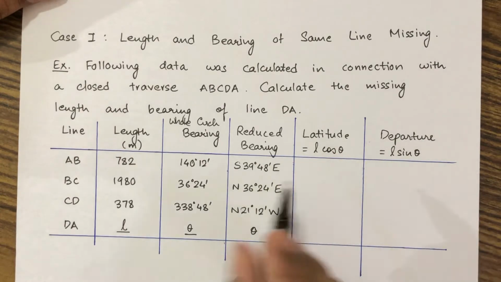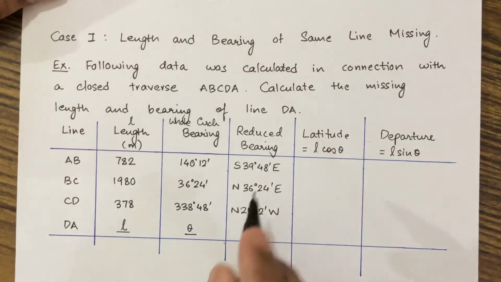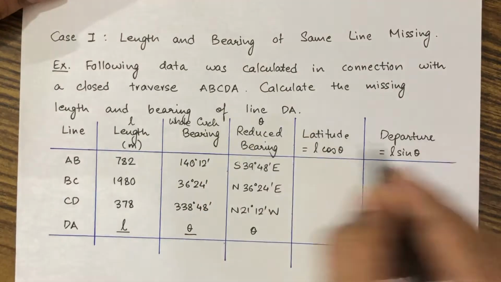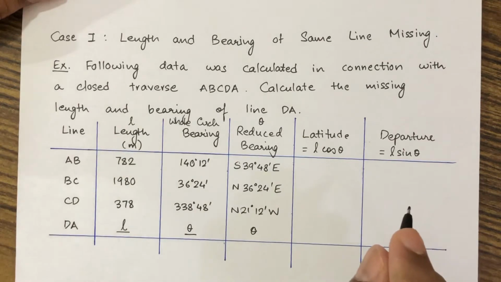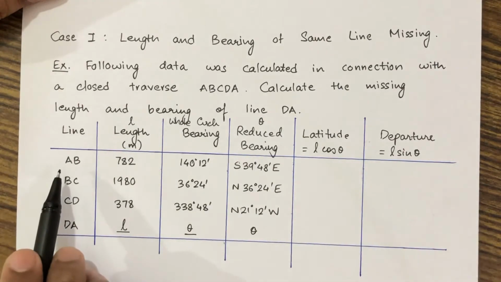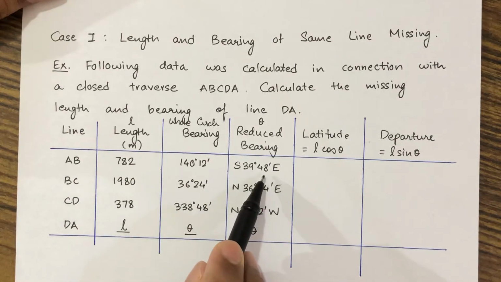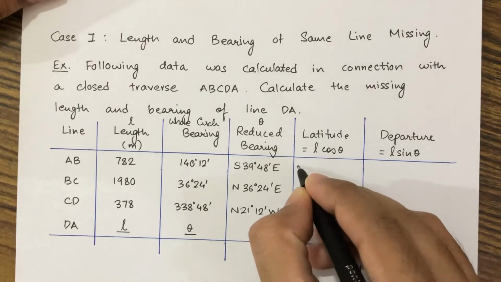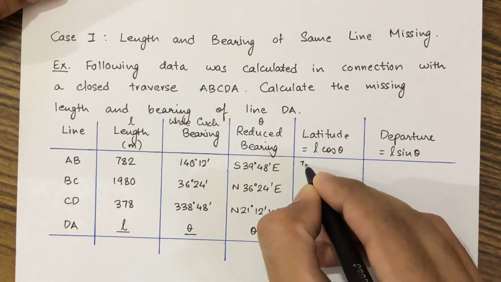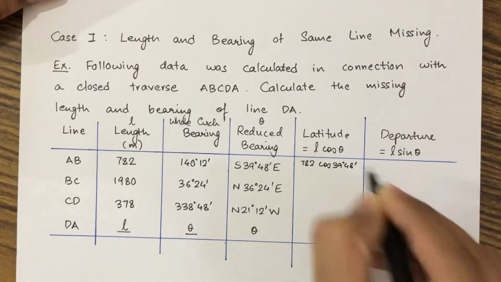Here L is the length, and theta is the reduced bearing. So L cos theta for line AB, L is 782 and cos 39 degree 48 minutes.